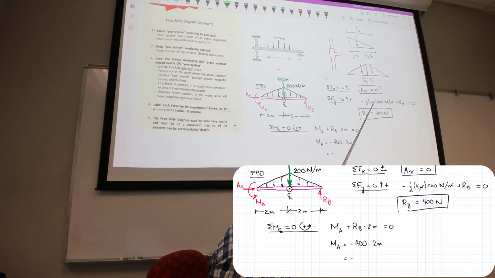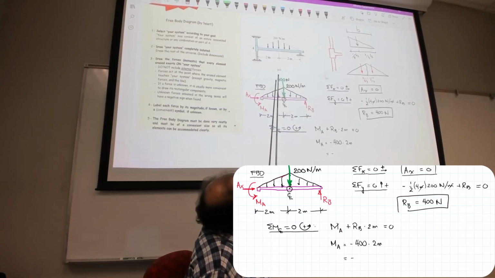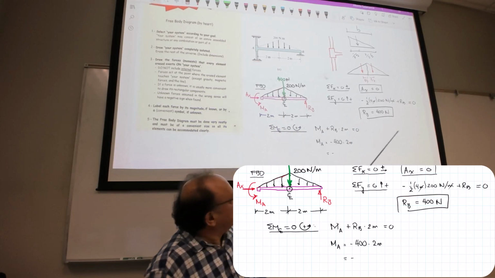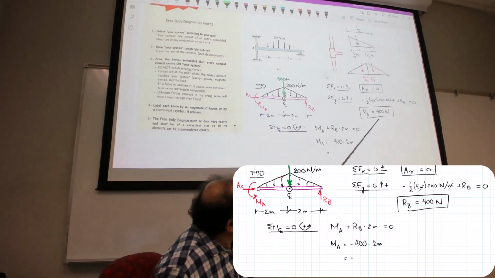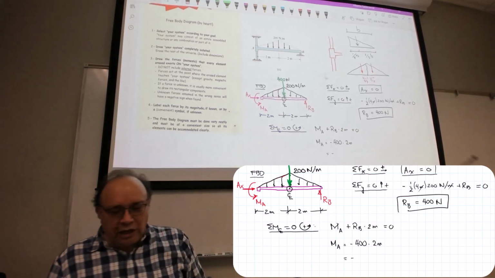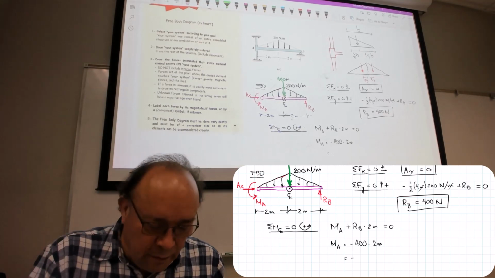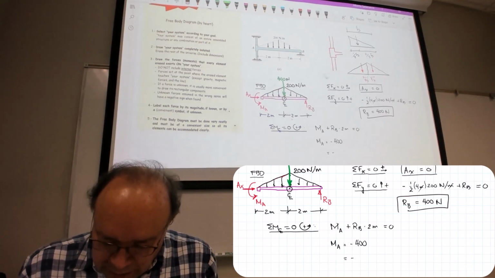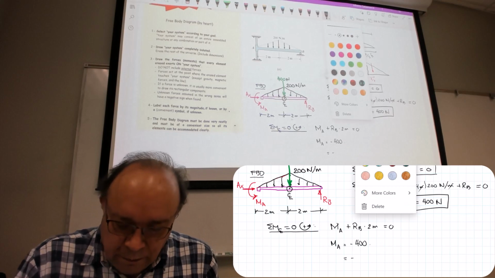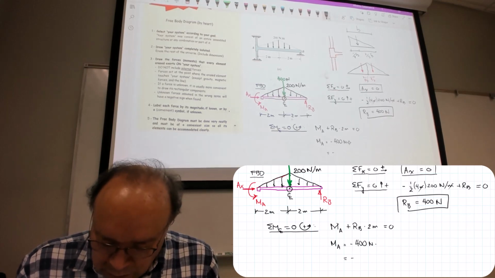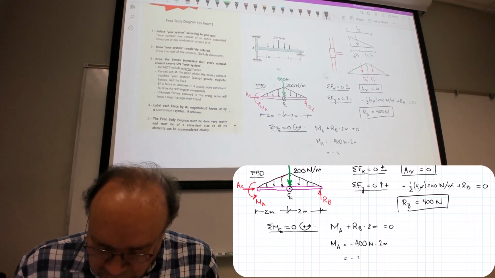Meter with meter goes away. So this is 200 over 2 is 100, times 4 is 400. That's where this 400 comes from. So it's 400 newtons times 2 meters. So this is equal to minus 800 newton meters.